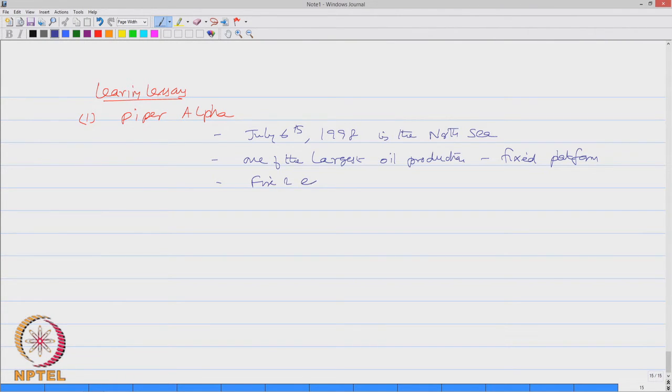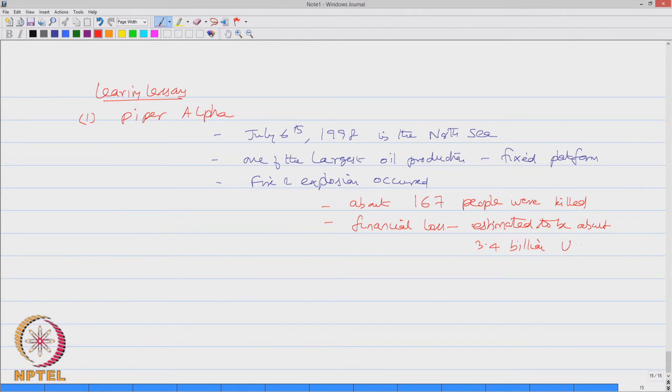Fire and explosion occurred. The consequences are about 167 people were killed. The financial loss was estimated to be close to 3.4 billion US dollars at that time.